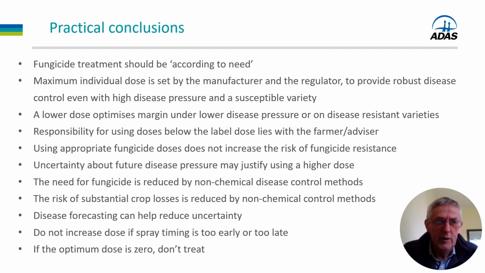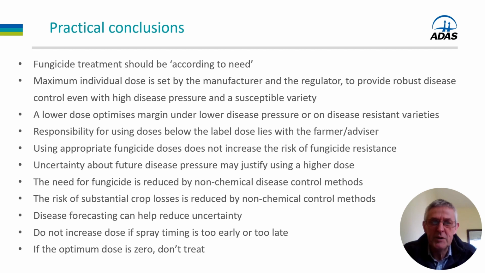So what can we conclude from this? So firstly, it's an important tenet of integrated pest management that any pesticide treatment should be according to need. The maximum individual dose is set by the manufacturer and the regulator to provide robust disease control even under high disease pressure and on a susceptible variety.